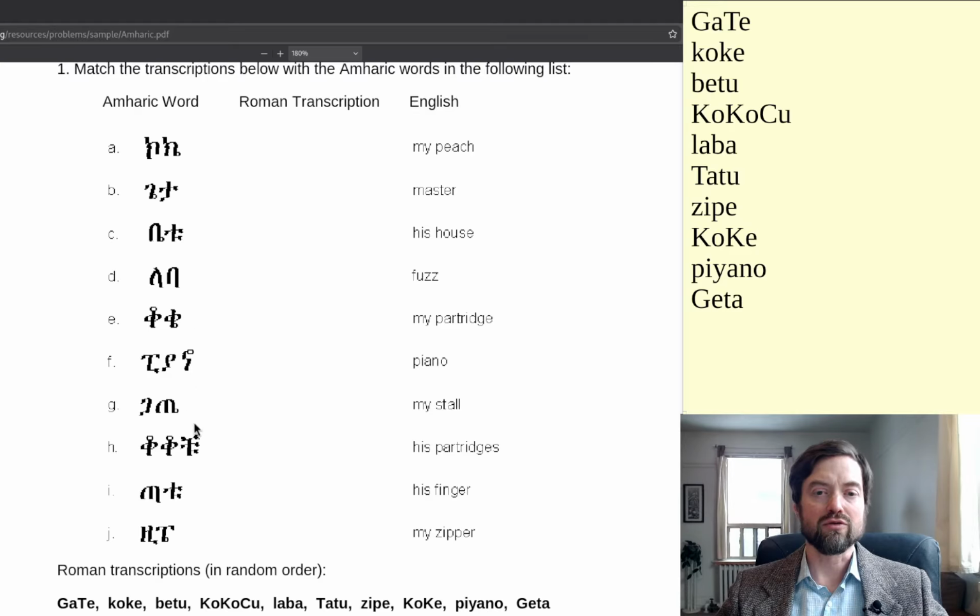And there's only two of them that have three. And one of them is piano, which makes me even more confident about piano, because this looks like piano, there's three pieces.